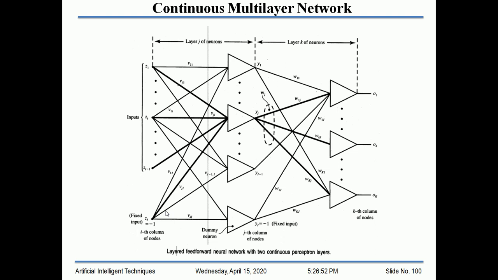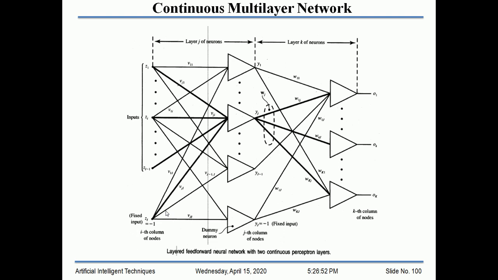If you consider the hidden layer also, apart from the two outputs, that is O1 and O2 of that hidden layer, you have another element which is -1.